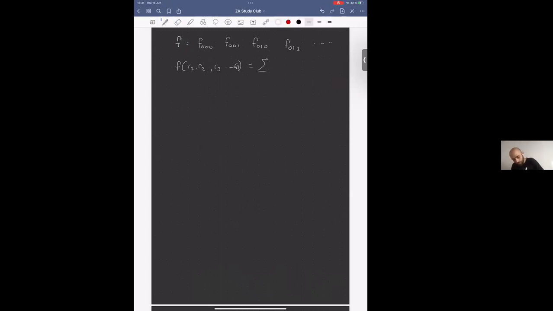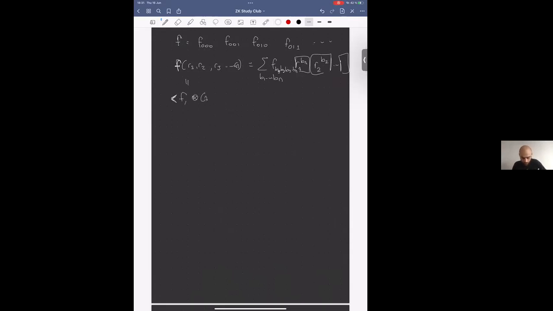You're summing over f, and then I have all the little bits here. So I have b1, b2, b3, up until bn. And then I have r1 that is taken or not, depending on the bit, r2 that is taken or not, depending on the bit, and so on and so forth. Okay, this is what I mean by multivariate evaluation. This thing can also be written as the inner product between a vector f and this tensor product.